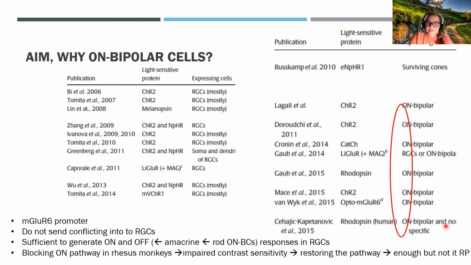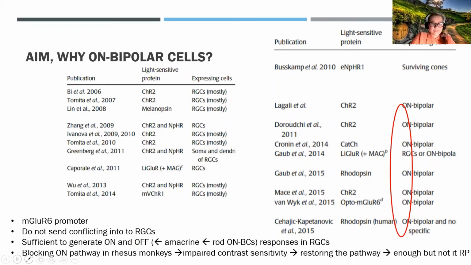But as I mentioned, on bipolar cells are much better because I think the promoter is more accessible or more known or more studied. It just works very well when we do not send conflicting signals into the retinal ganglion cells. And I also already talked about this one.